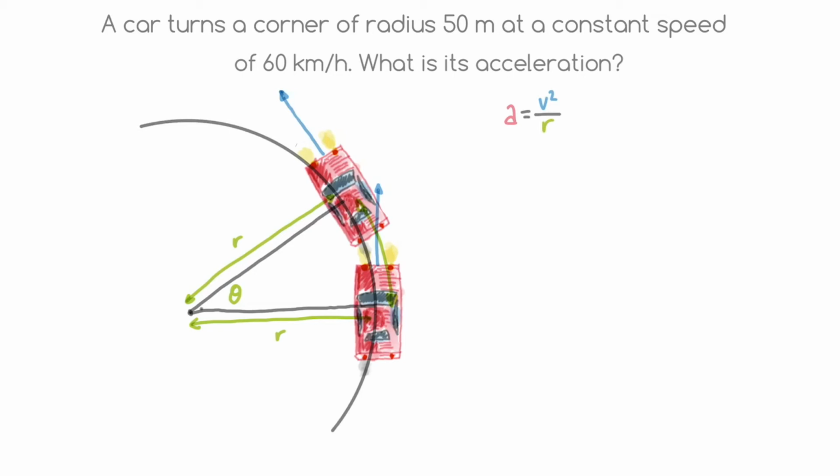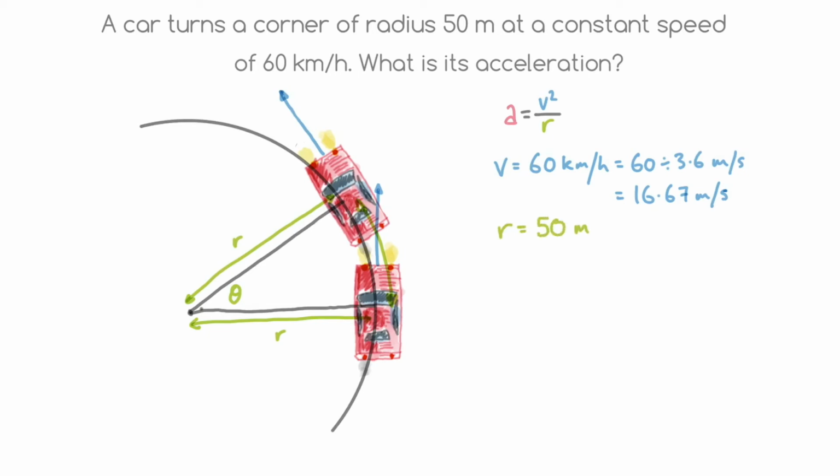Now, what we're given in this question is v equals 60 kilometers per hour. A quick way of doing this: we always have to convert to standard units, and meters per second is what we need for velocity. The easy conversion from kilometers per hour to meters per second is dividing by 3.6, and we get 16.67 meters per second.